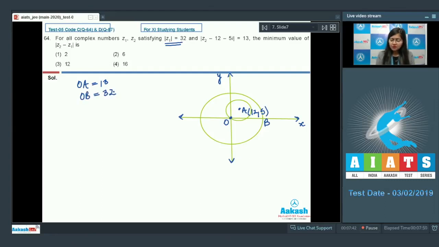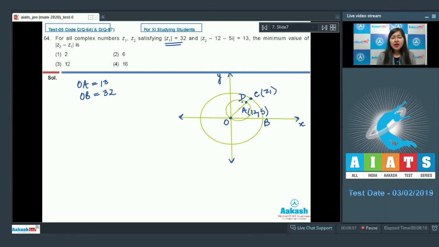Now we have to find the minimum value of z2 minus z1. Now the minimum value will lie along OA, right? Let us say this is the point C and this is the point D. So the minimum value of z2 minus z1 is obtained when z1 is at C and z2 is at D, right?